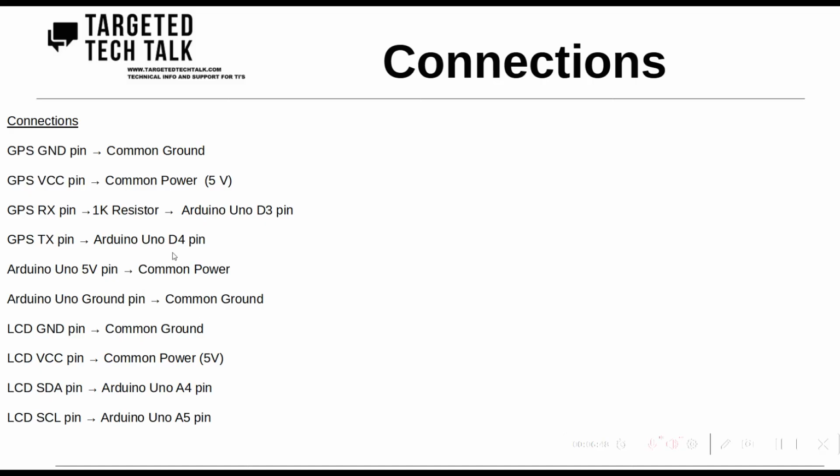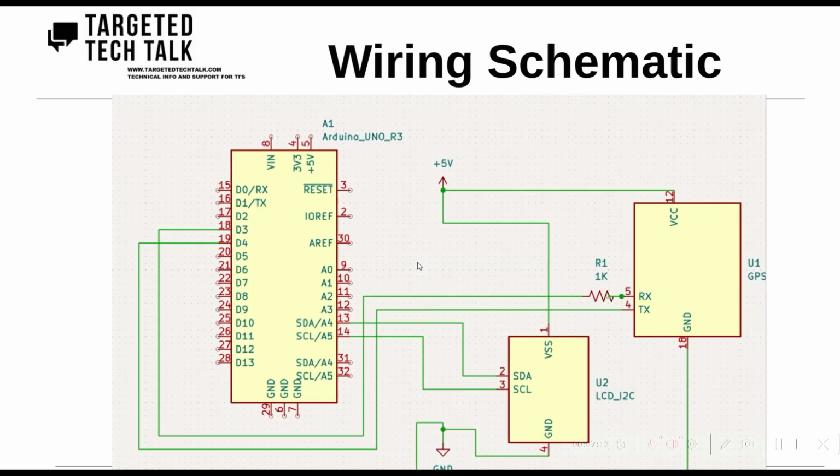You're free to use whatever 5 volts and ground power source you'd like. I just use the inbuilt one, but a 5 volt supply is assumed for this design. And then the LCD screen we saw in the previous project, ground and power, and then the 2 connectors, SDA and SCL to the Arduino A4 and A5 respectively.